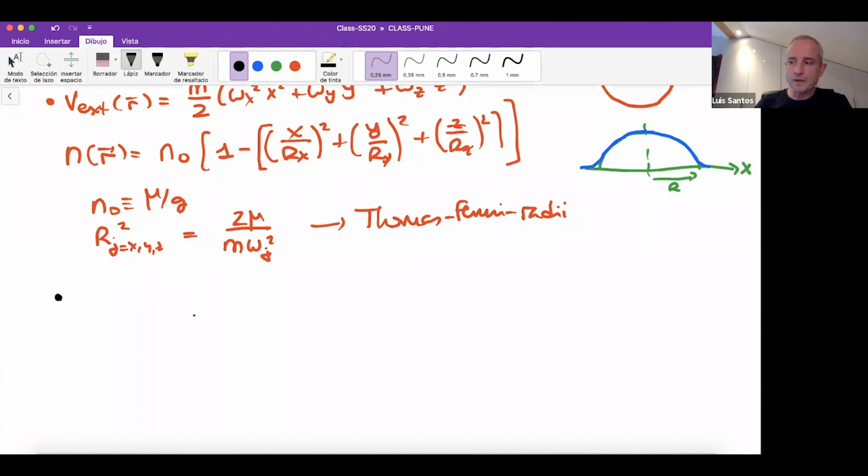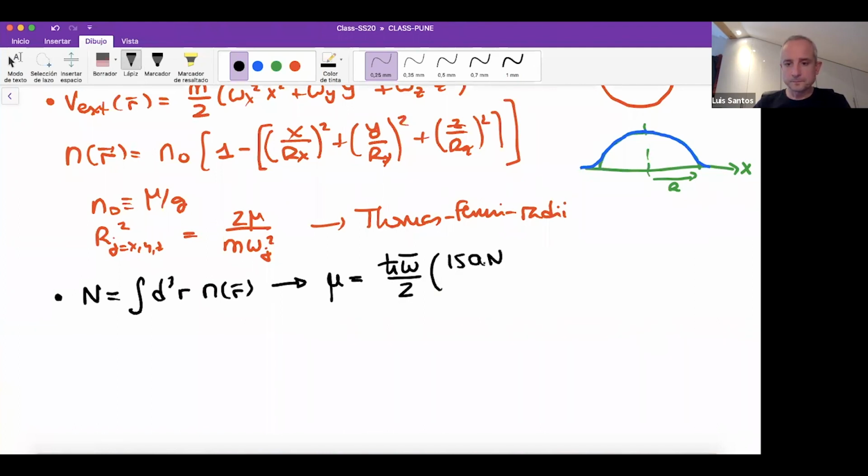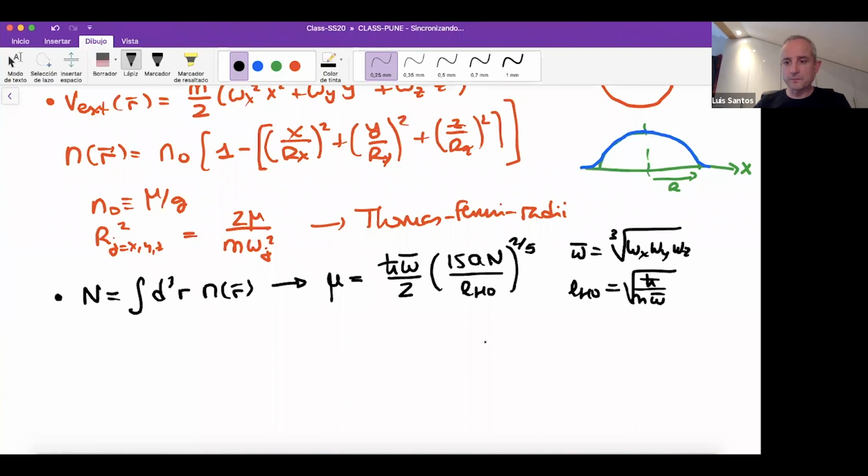So if now you impose normalization, as I was telling you before, now you can easily find what the chemical potential is. And the chemical potential is something of this form. You can do the math. And this omega bar is the geometric average of the frequencies, and l_H0 is the harmonic oscillator length associated with this frequency omega bar.